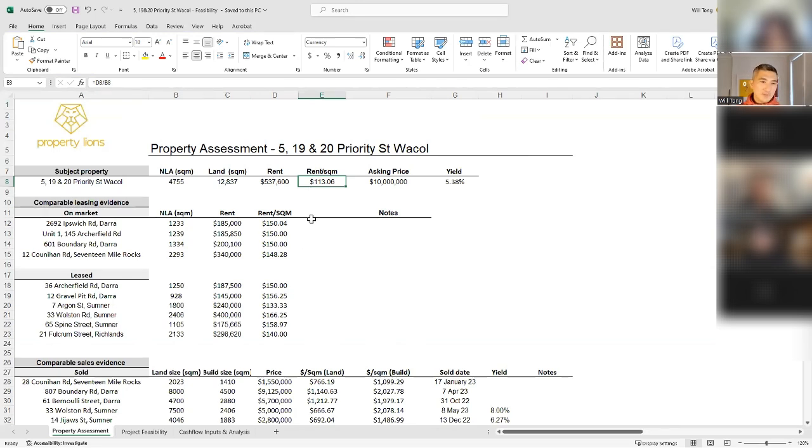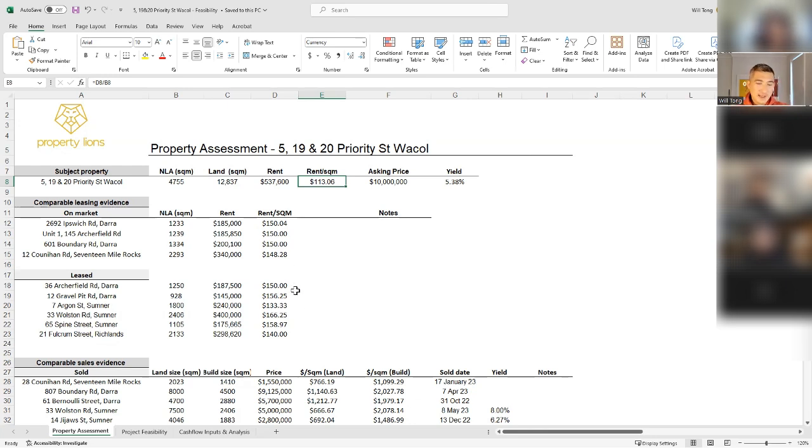So what we did was we gathered as much intel as we could. To be honest, there weren't a lot of deals done in that size. So, 1,000, 2,000, 3,000 square meter transactions were few and far between. But we still managed to get enough evidence to formulate a view on what the property should be worth in the rental market.